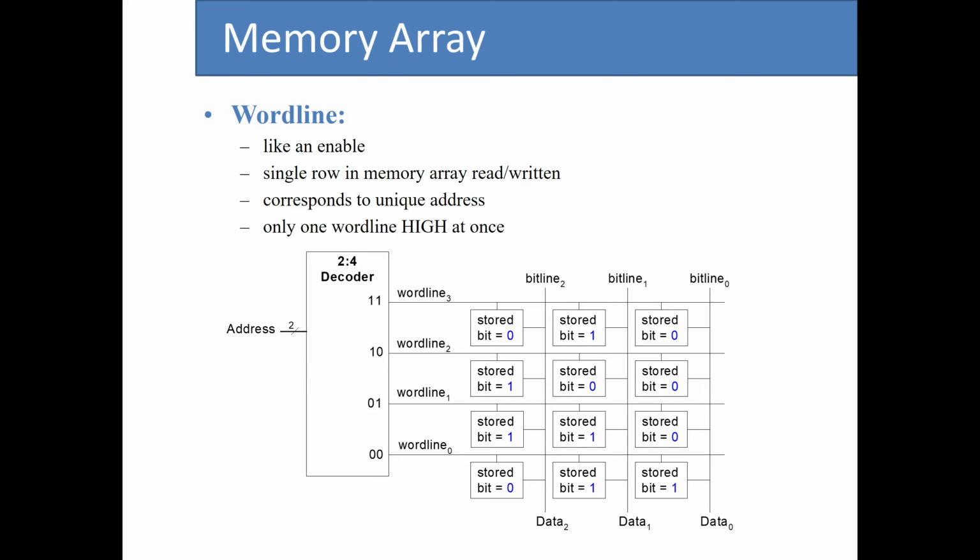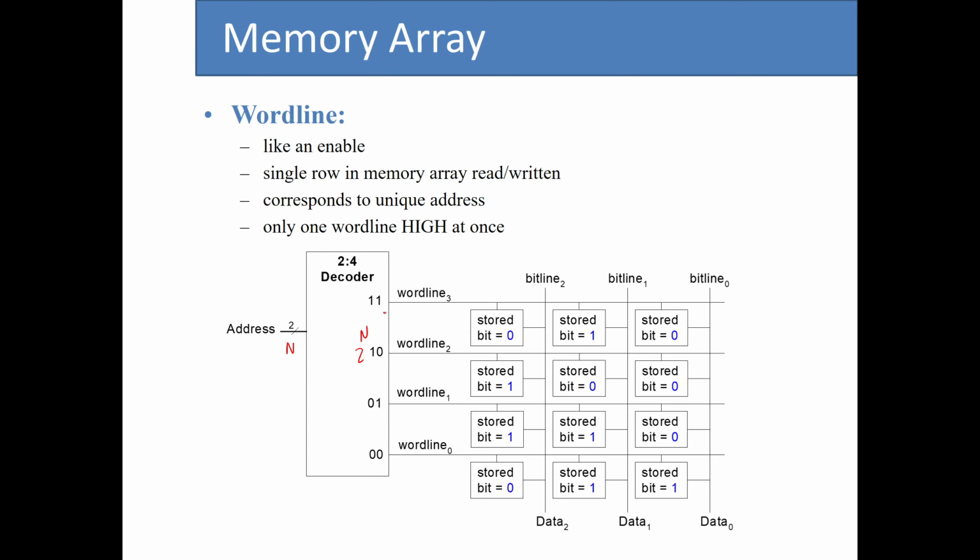Since this is the case, we had a circuit component from before that actually had this capability. If you remember, when we talked about decoders, we said that if we have n inputs, the outputs of a decoder are 2 to the n, and at any given time, only one of the outputs is 1.